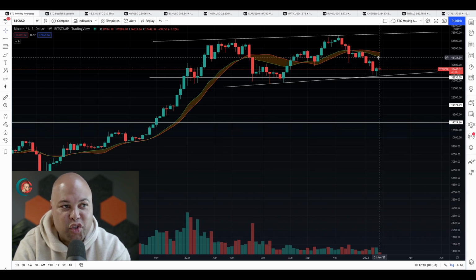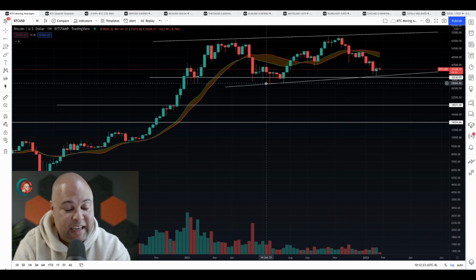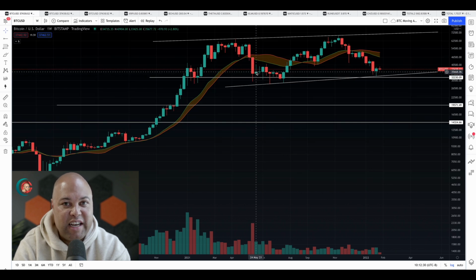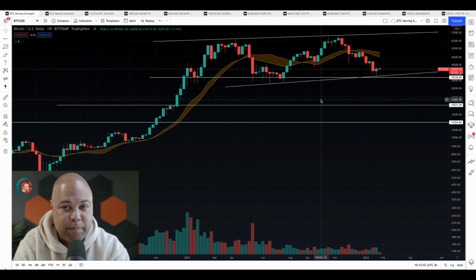However, the exponential moving average is different. First of all, this is the 21-week exponential moving average, so it takes the last 21 candles. The difference is each of the last 21 candles, if you go back 21 candles, each candle becomes exponentially more significant than the previous candle. And so it's not just a flat calculation, add up the last 20 and divide by 20, or add up the last 21 and divide by 21.